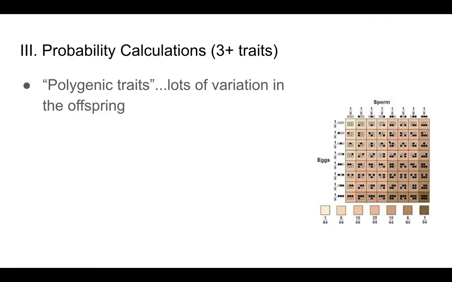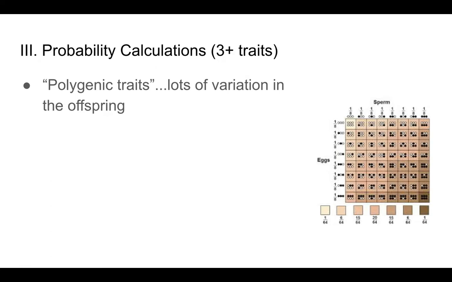The example that I've given you here is skin color. Skin color is actually not coded by just two genes, it's actually coded by three. And so anytime we increase, we've done monohybrid crosses, we've done dihybrid crosses.